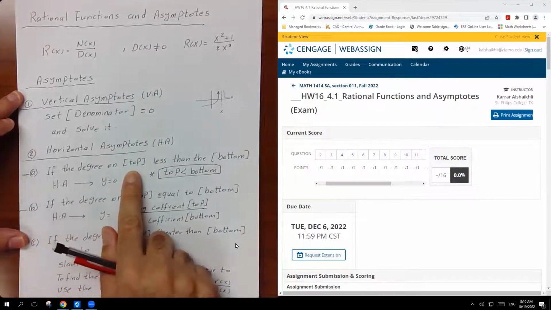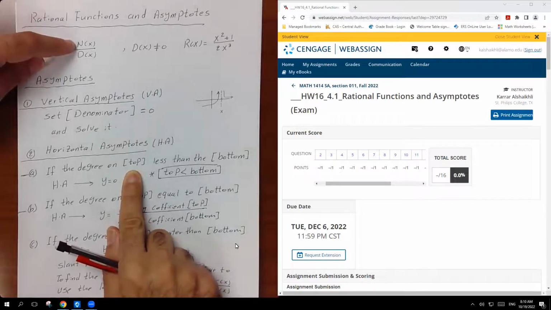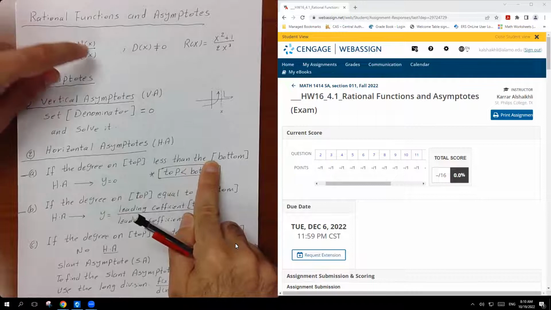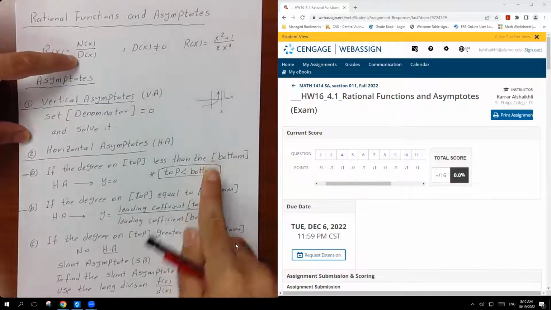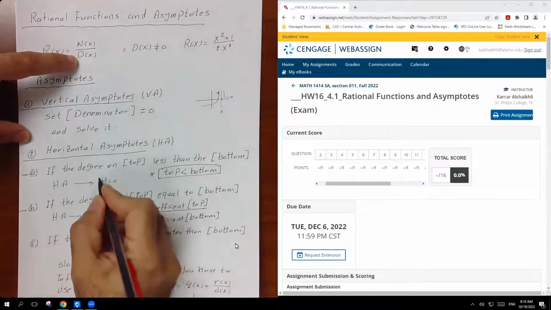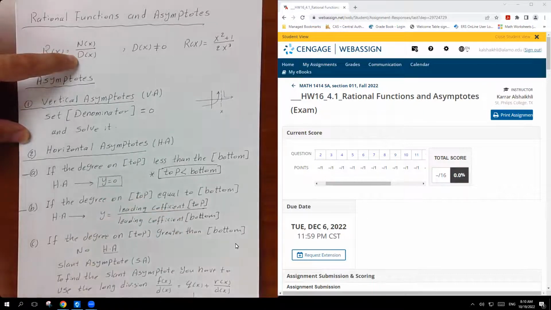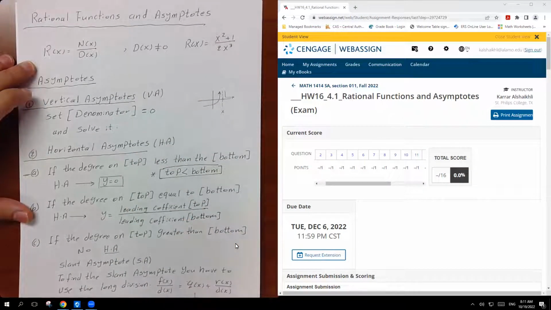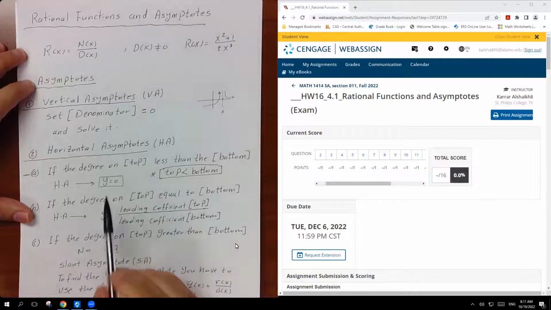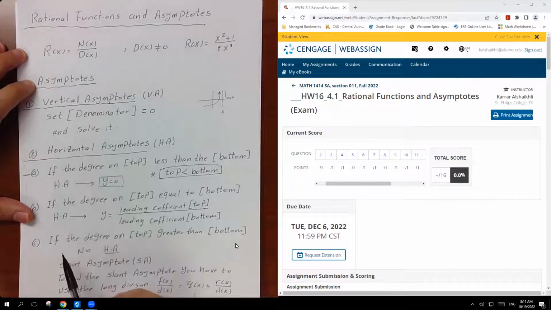If the degree on the top is less than the degree on the bottom, for example n here is 2 and n here is 3, that means the horizontal asymptote is y equals 0. I'm talking about the highest exponent on the top being less than the highest exponent on the bottom.